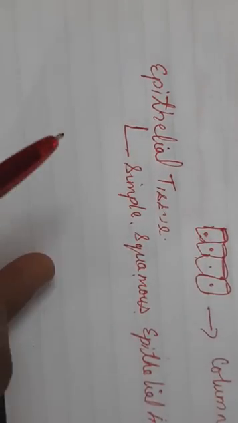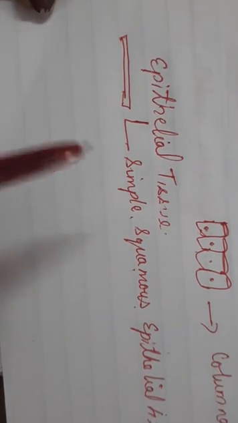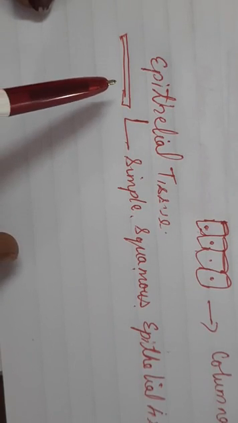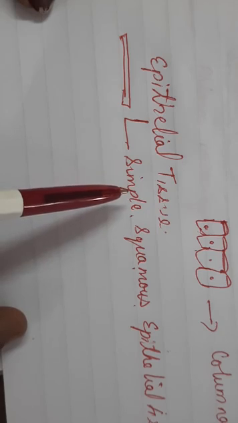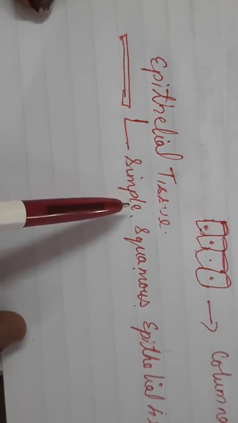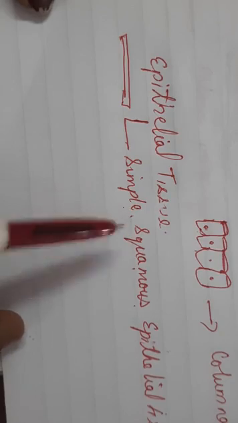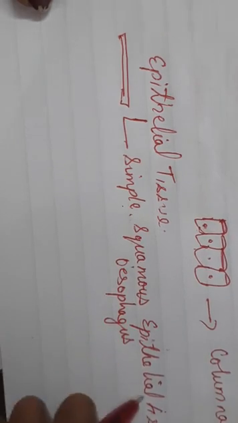Okay, they are thin and flat and they form a very delicate lining. The esophagus and the lining of the mouth are covered with simple squamous epithelial tissue.